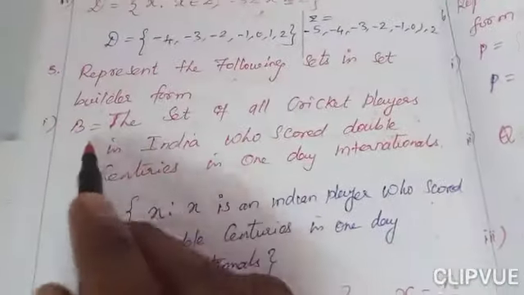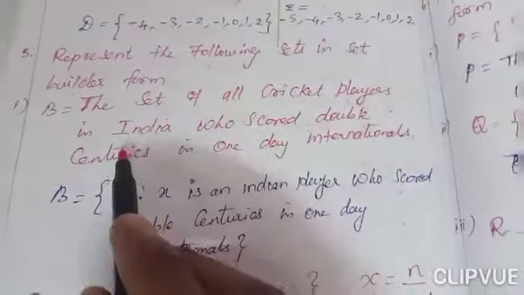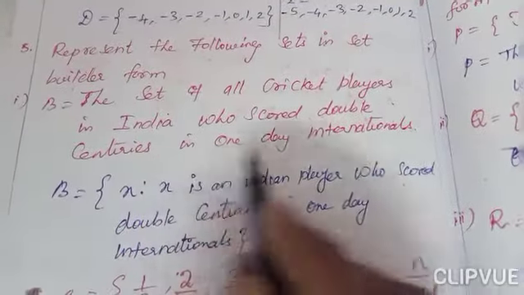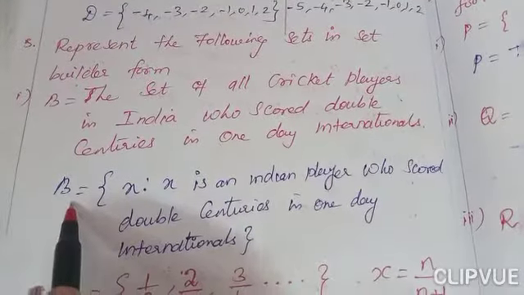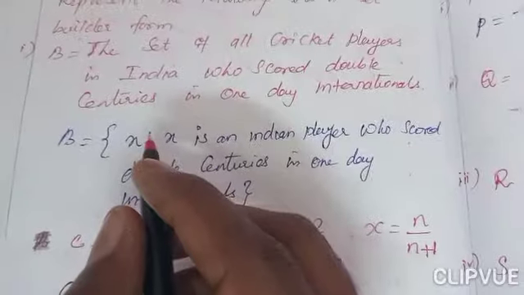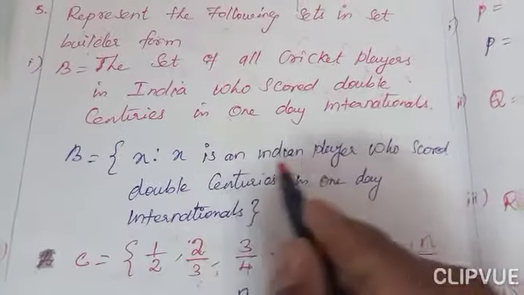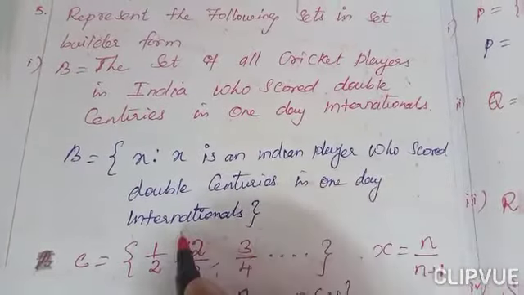Look at the first question. B equals the set of all cricket players in India who scored double centuries in one-day internationals. Set B equals, this is a set builder form. In the definition itself I explained: x such that x is an Indian player who scored a double century in one-day internationals.